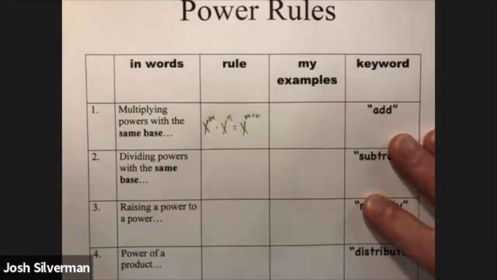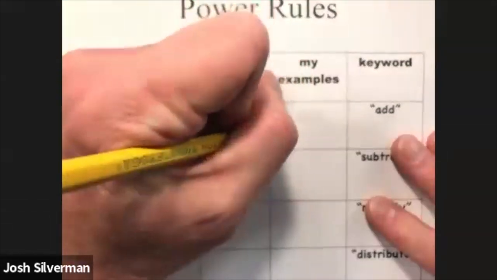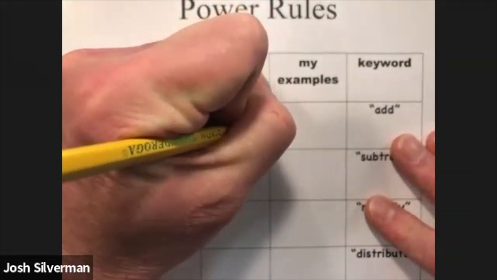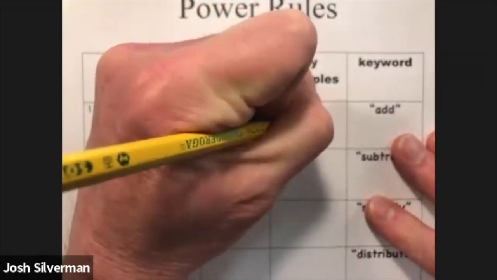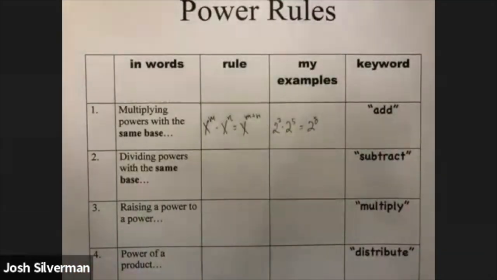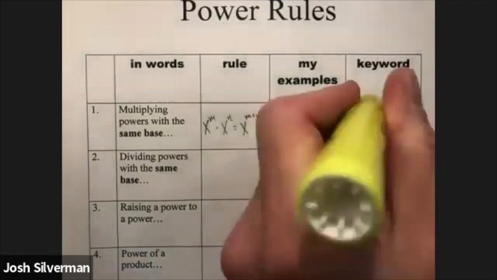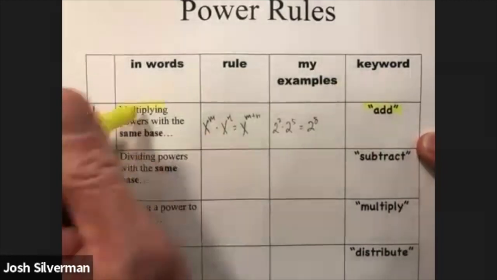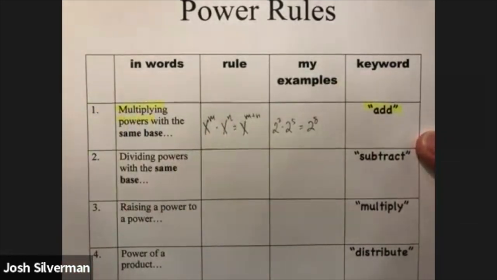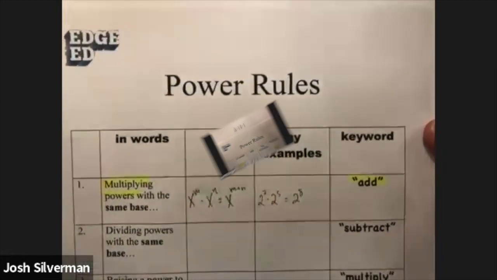That is our general rule. And here is my example. 2 to the third times 2 to the fifth is 2 to the 8th. The key word here is add. When you are multiplying powers with the same base, we add the exponent. All right, next up, dividing powers with the same base.